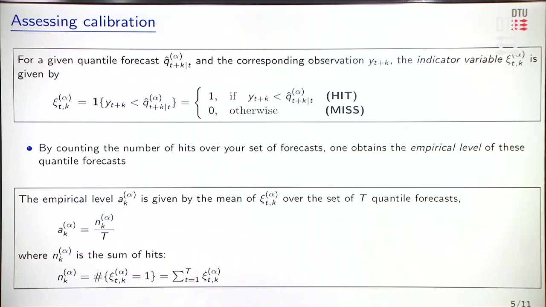So for a given lead time, we collect all the forecasts, all the observations, we calculate this indicator variable, and then we take the mean of the value of the indicator variable over the set of quantile forecasts. So a_k alpha is equal to n_k alpha divided by big T, where n_k alpha is the sum of hits, so the sum of the times where the observations were below the quantile forecast.